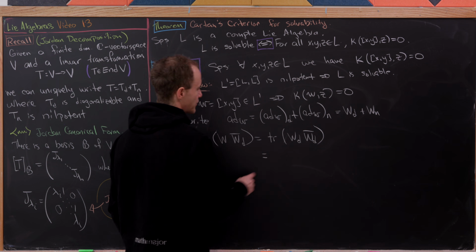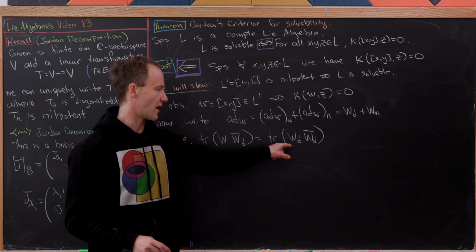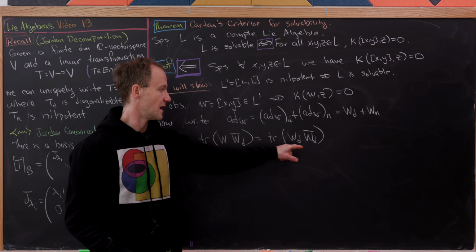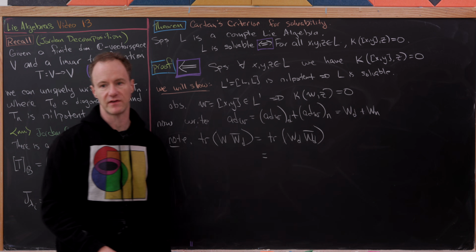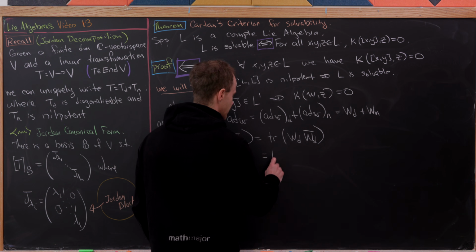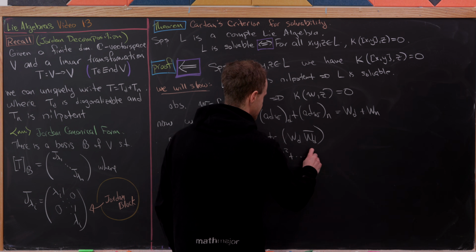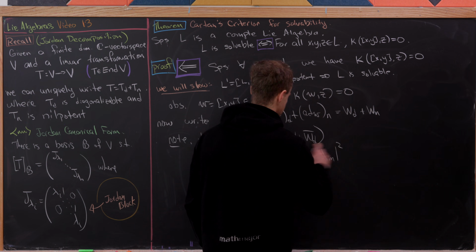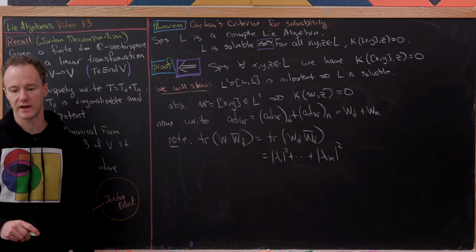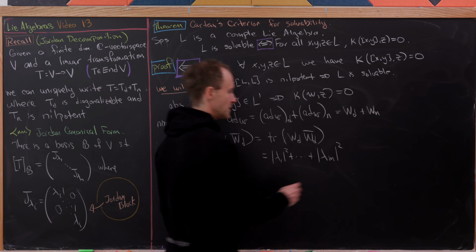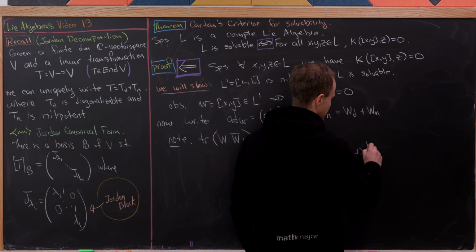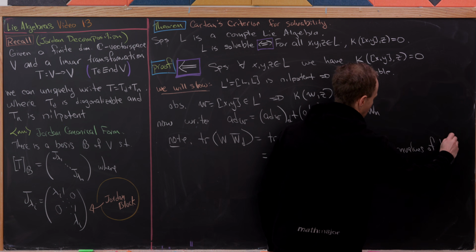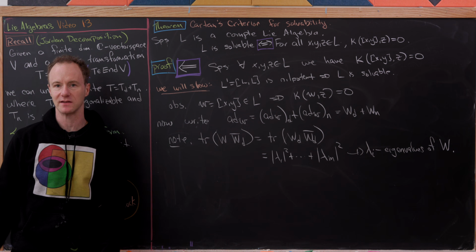But then we can pretty easily see here that we're multiplying a matrix with all of the eigenvalues of W, and here all of the conjugates of the eigenvalues of W. That'll give us the modulus squared sum of all of the eigenvalues of W. In other words, we have |lambda 1|^2 plus all the way up to |lambda m|^2, where, just for completion, the lambda i are eigenvalues of our capital W, which recall was ad little w.